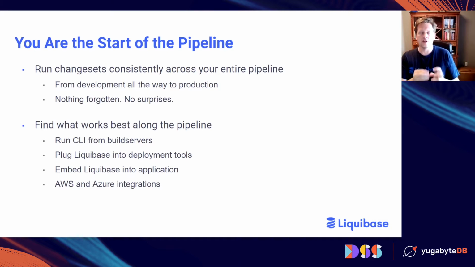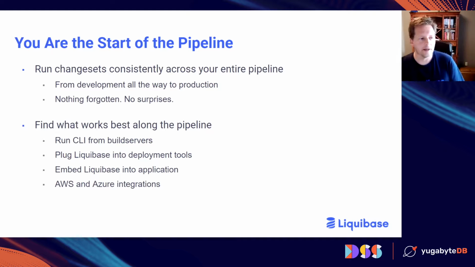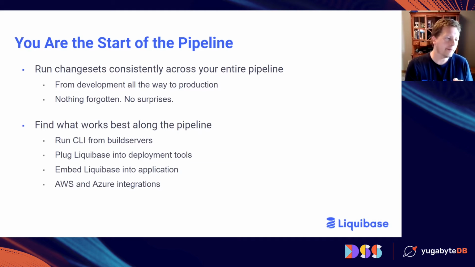While the change log should be consistently run all the way along, how Liquibase gets run can certainly vary. So you can look at things like, how do you best fit Liquibase into your build servers? Or maybe you prefer to have the build server simply package up your changelog file into a zip file, or in your application somehow, so that your deployment software will run Liquibase as it deploys things places.